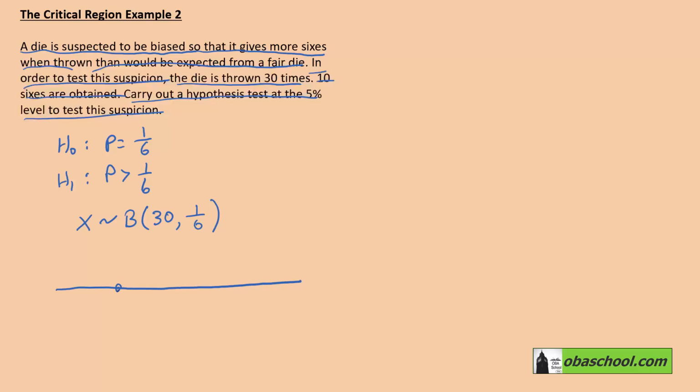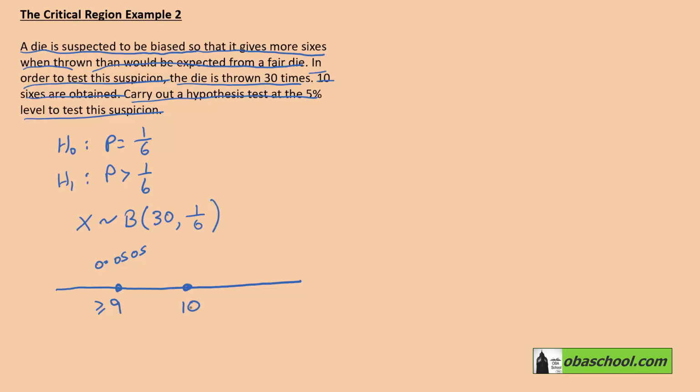Now, I've already calculated some values on my calculator, and greater than or equal to 9 I found was 0.0505, which is a bit more than 5%, so that's not going to be the critical region.